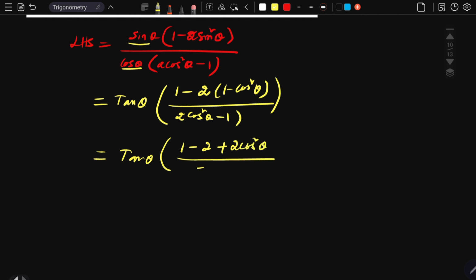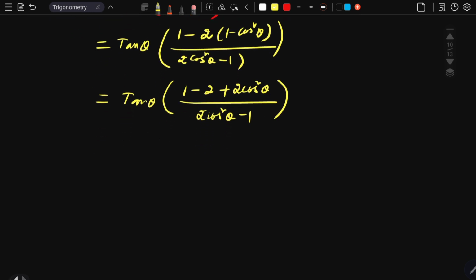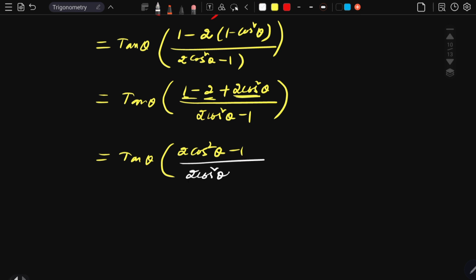In the denominator, 2 cos square theta minus 1. In the numerator, 2 cos square theta is positive, so writing it first, 2 cos square theta, and plus 1 minus 2, which gives minus 1. In the denominator, again 2 cos square theta minus 1.